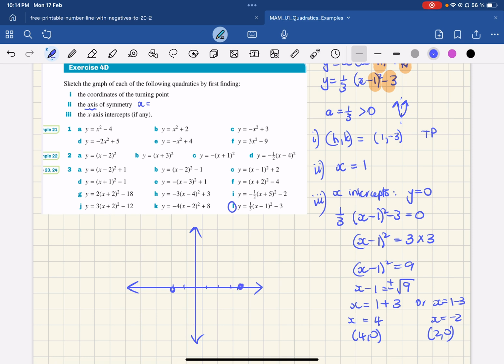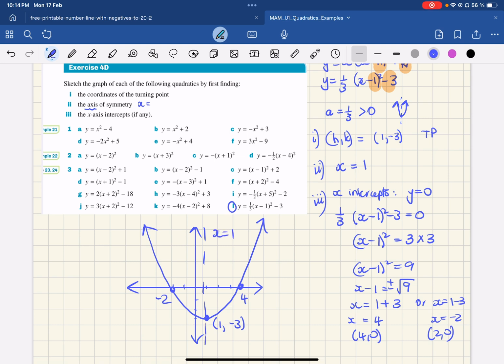The turning point we said is (1, −3). And you can see the shape of the graph, and my axis of symmetry.